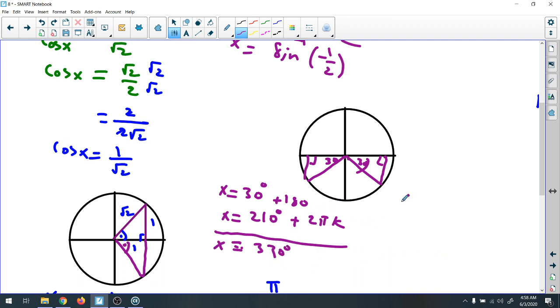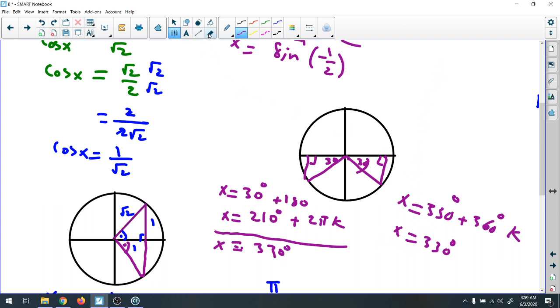So it could be x equals 330 degrees plus a spin around, a completed circle means 2 pi, and again another circle, 2 pi, or 360. Remember, we are in the degree system, so you could say 360 degrees k or n.